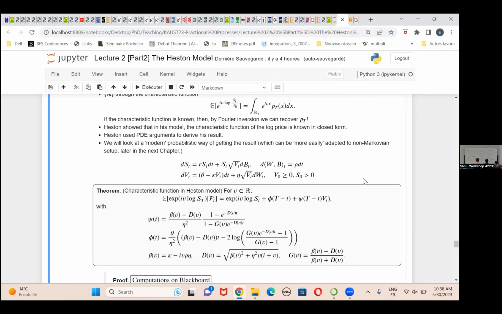So what we proved is that we assumed that we have this equality for some functions phi, psi, and chi. Then what we showed is that phi, psi, and chi necessarily have to solve these equations. Okay, so we did not actually prove that the characteristic function is equal to this.